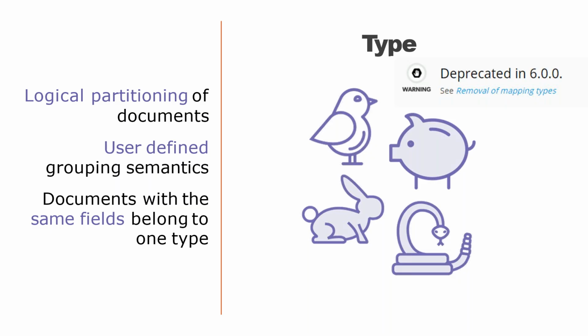By default, if you're not giving documents any type, it will automatically take _doc, but you can set the type to X, Y, Z, whatever it is. One type is allowed in Elasticsearch 7 and 8. Multiple types got deprecated in 6.